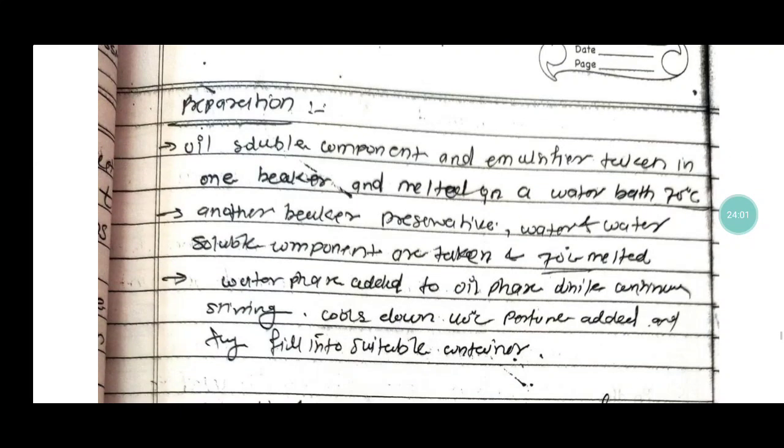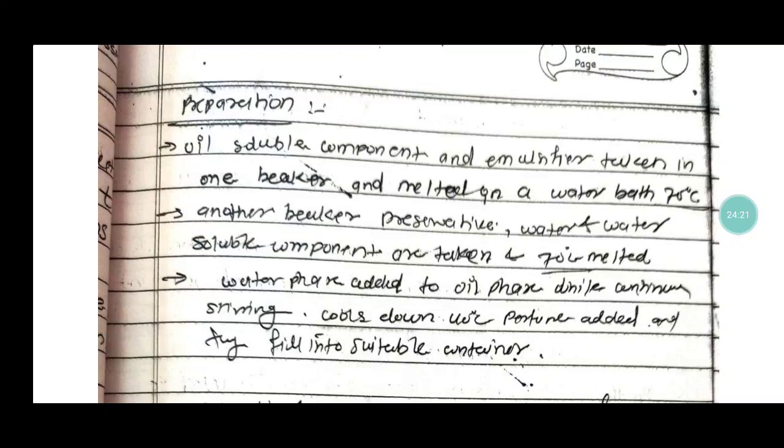So for skincare products, in the preparation of the moisturizing cream, oil soluble components and emulsifier are taken in a beaker and melted on a water bath up to 70 degrees Celsius.